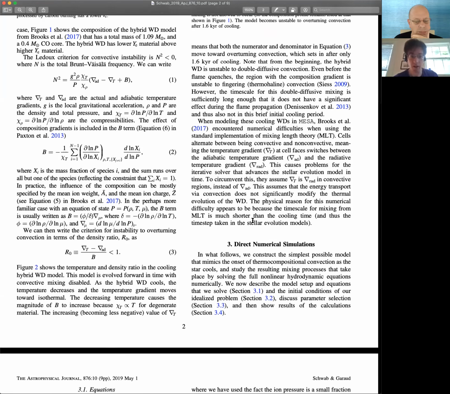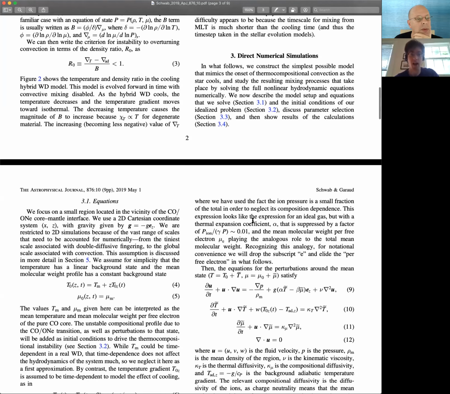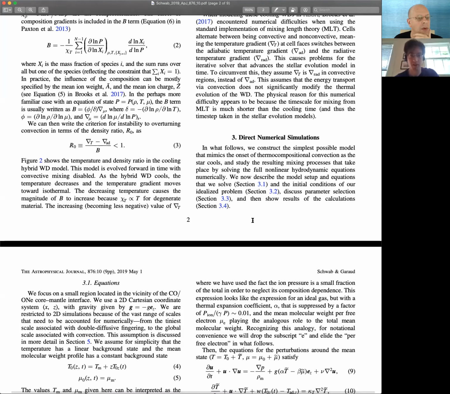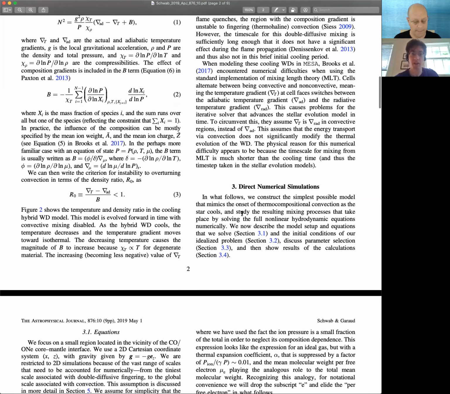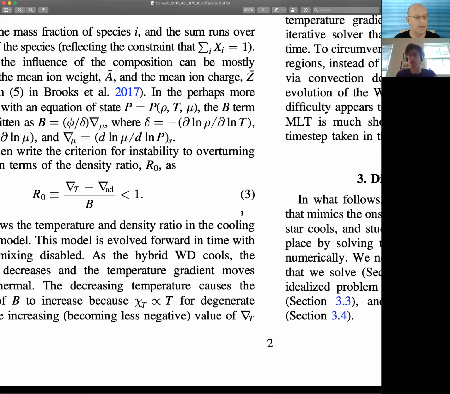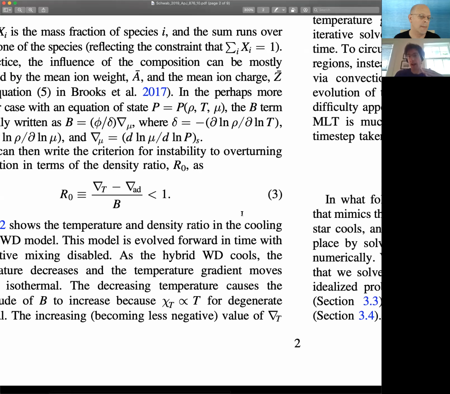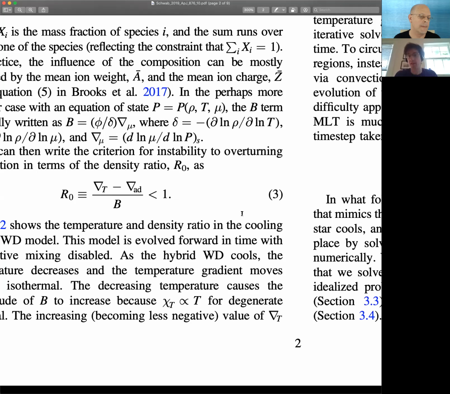Let's see. So we can keep going down. So equation 3 there describes, which is up just a little bit. Oh, there we go. This describes, again, what this density ratio is, just since we're here. Again, it's really telling me about the difference between the temperature gradient I actually have and the neutral temperature gradient. Okay.